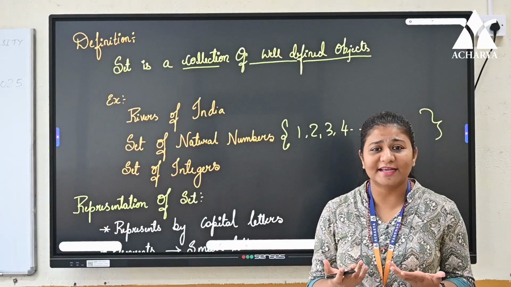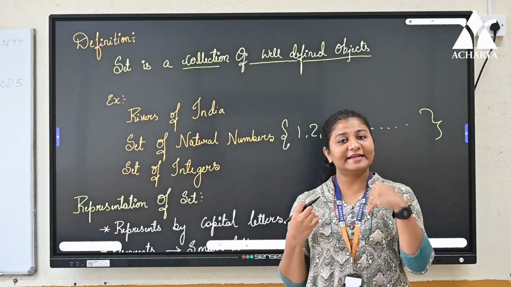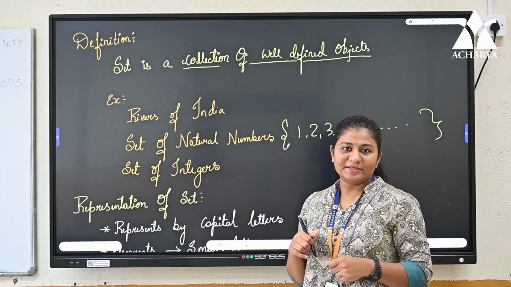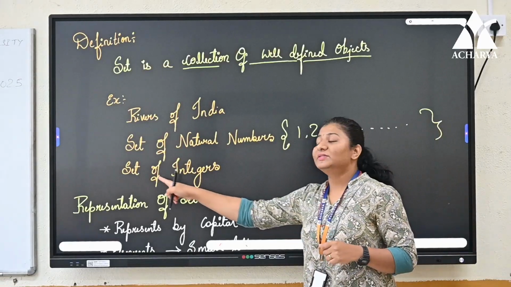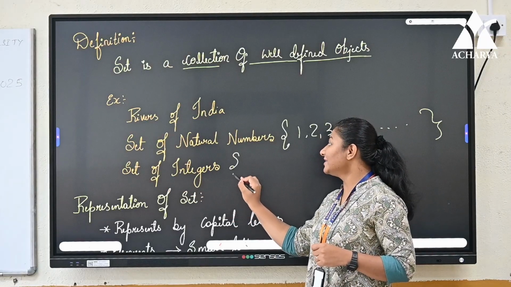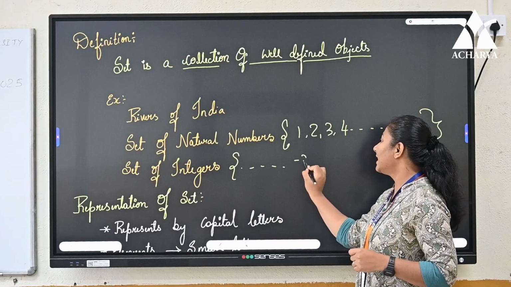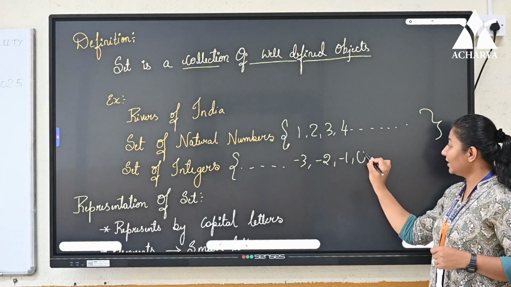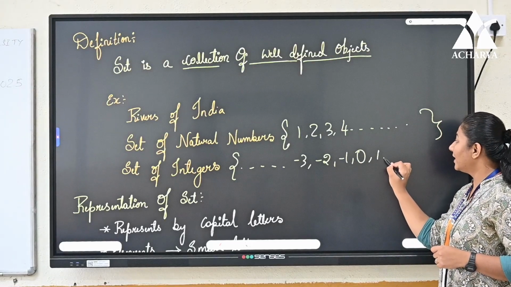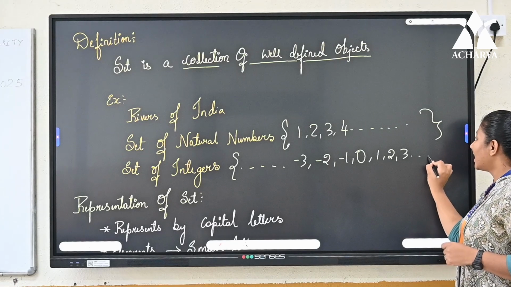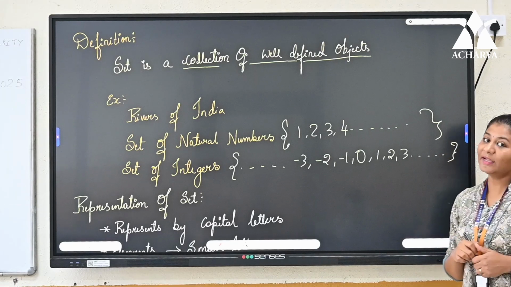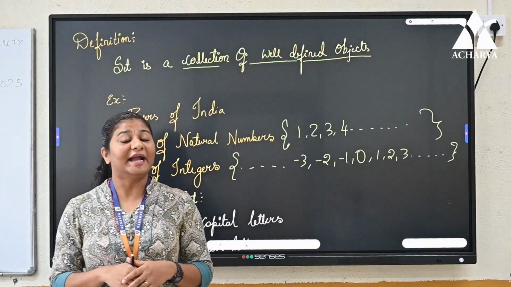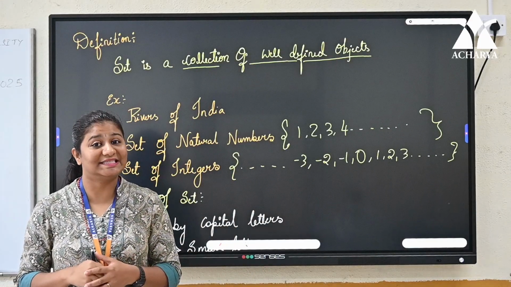Before that, we have to know what an integer is: the negative numbers as well as the positive numbers, including zero. So the set of integers runs from negative numbers, -3, -2, -1, and including 0, then 1, 2, 3 and so on. These are the definitions of a set, and you have come to know how to write a set.